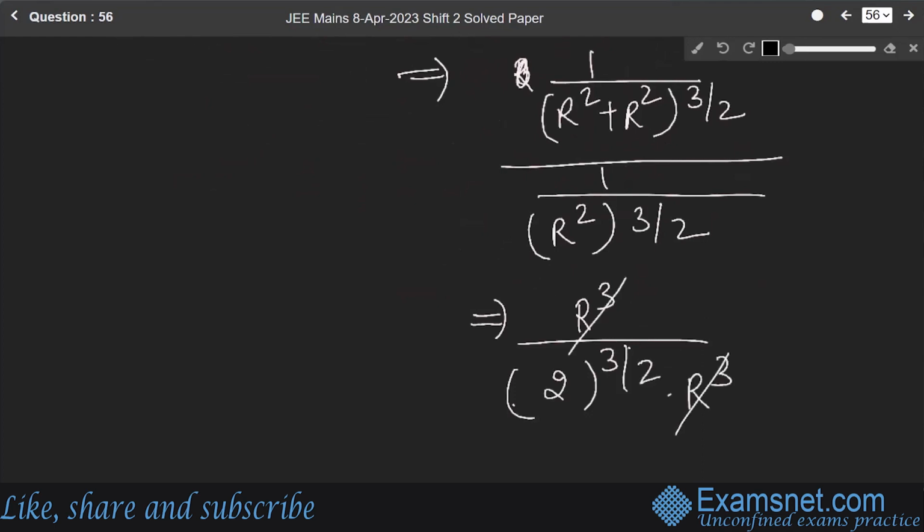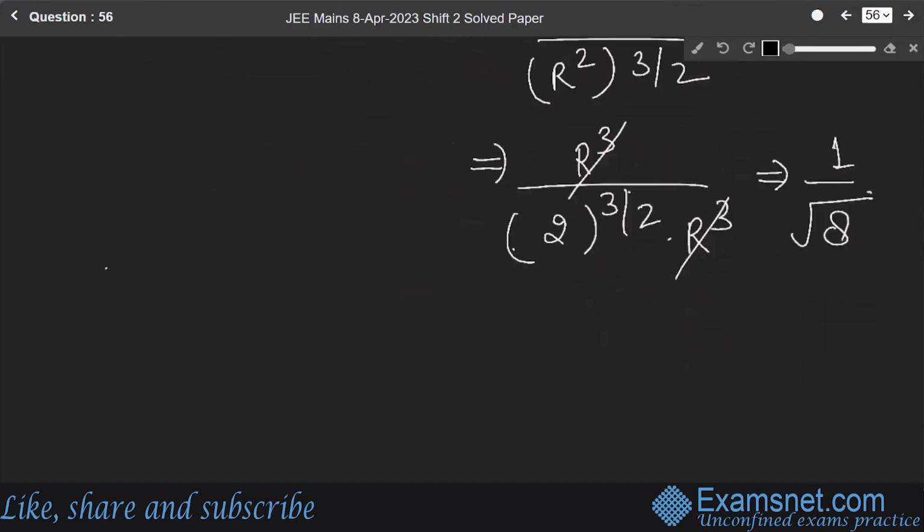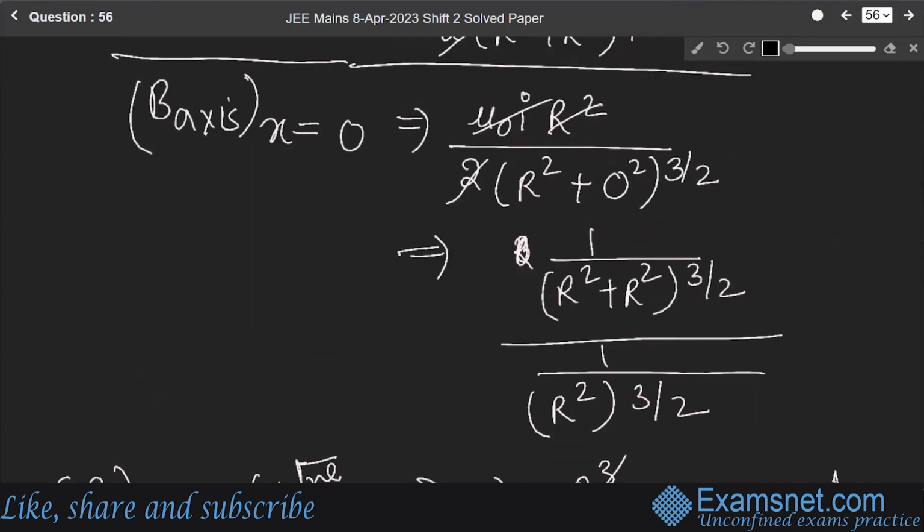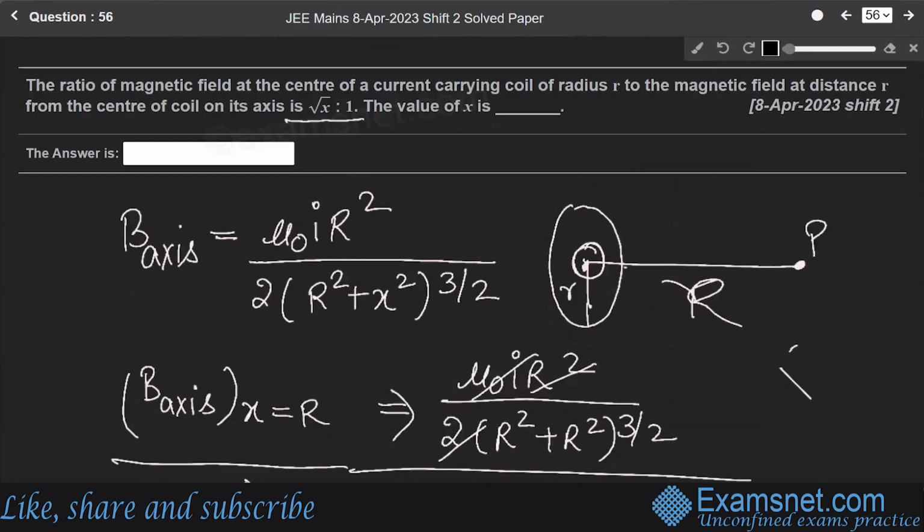R cube cancels out. So we get 1 over under root of 8. So B at x equals 0, at the center, over B at x equals r, at a distance r, equals under root of 8 by 1. So the correct answer is under root 8.